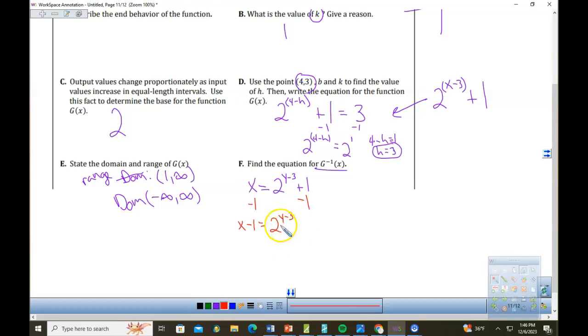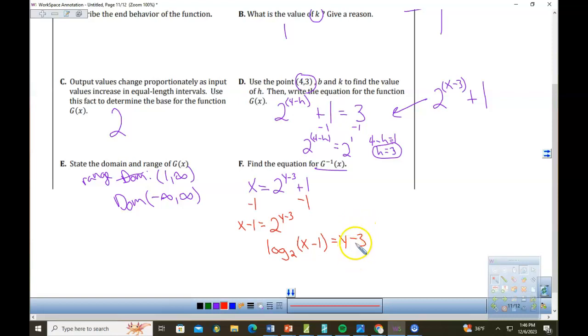Now, how can I rewrite this to get y out in front? I'm going to do something wild. I'm going to do log base 2, right? By definition, log base 2 of x minus 1 equals what was in my exponent. Okay?